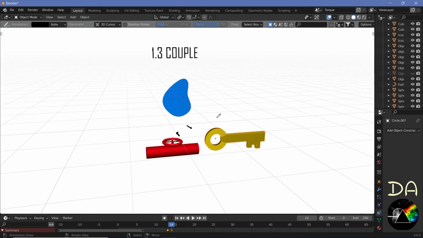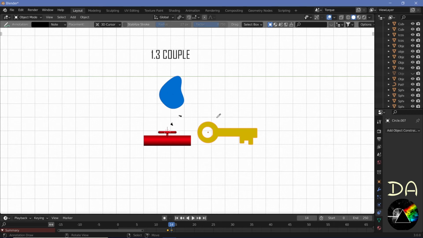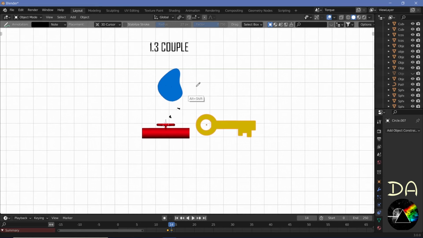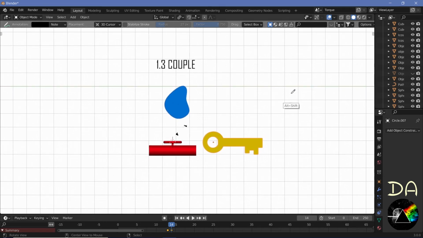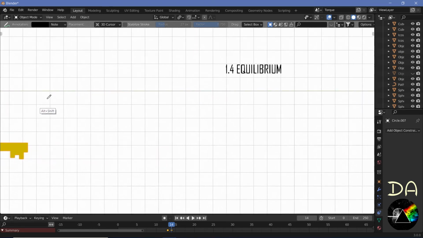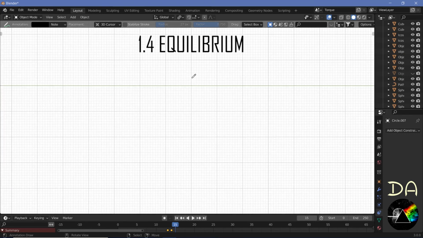But now that we know what a couple is, let's move on to a culmination of these forces and these torques. And for that, we need to know what happens when they're all equal. And that is equilibrium. So equilibrium is where there's no change of state.